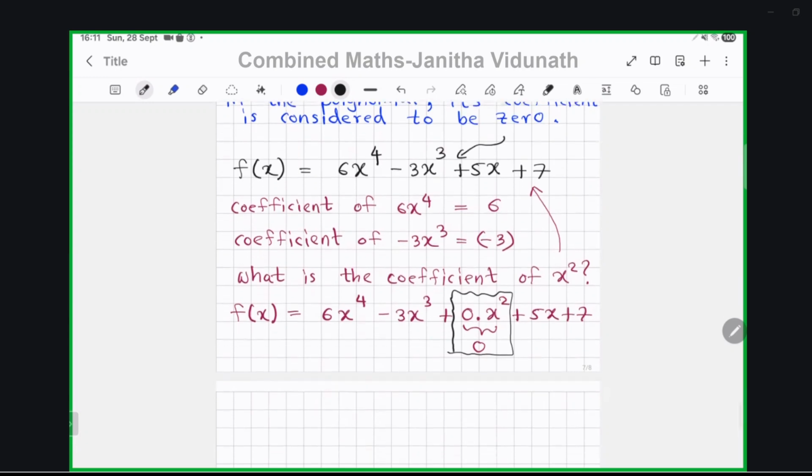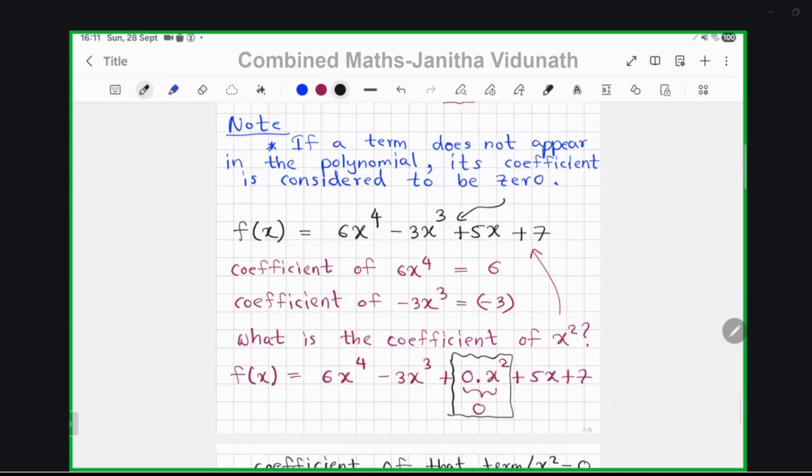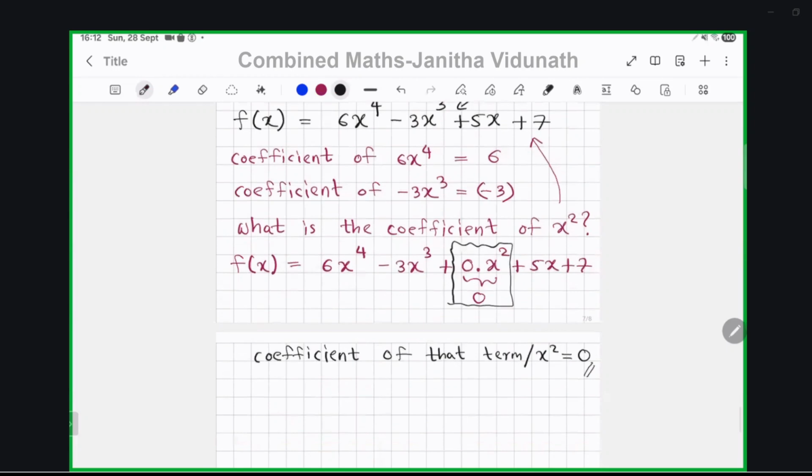Then now we can say the coefficient of that term, of x square, should be equal to 0. Now you can understand this definition. If a term does not appear in the polynomial, then we can simply say the coefficient of that term should be equal to 0.